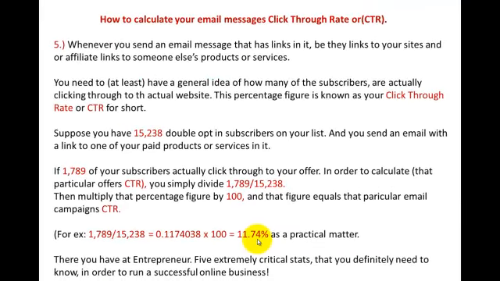So if somebody were to ask you what your click-through rate is, you can't just give them this blank figure, oh, it's 11.74%, because that's one particular offer. What if your next offer, instead of 1,789 people, only 500 people click through? So it's on an individual basis, and you have to be clear about that. And a lot of times beginning new marketers don't really know.